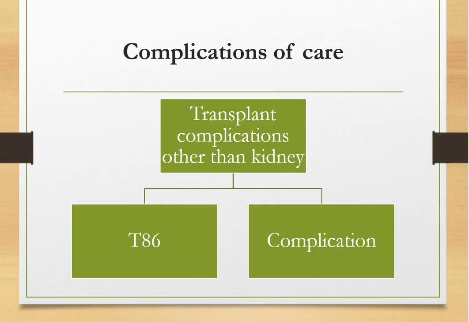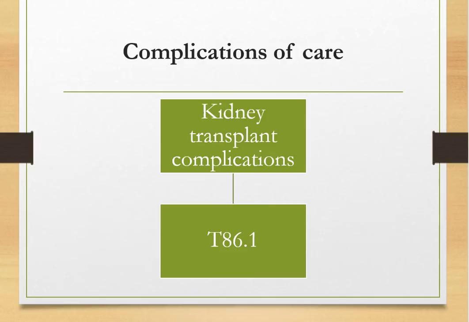In this particular situation, two codes are required. One, the appropriate code from category T86. Two, a secondary code that identifies the complication. Pre-existing conditions or complications that develop after the transplant are not coded as complications unless they affect the function of the transplanted organ.